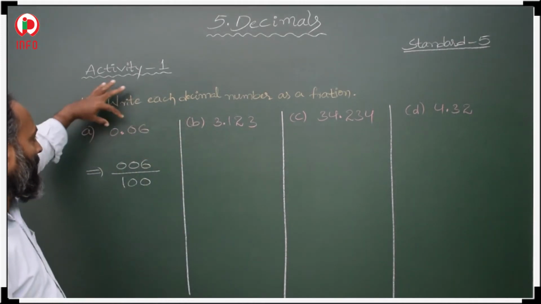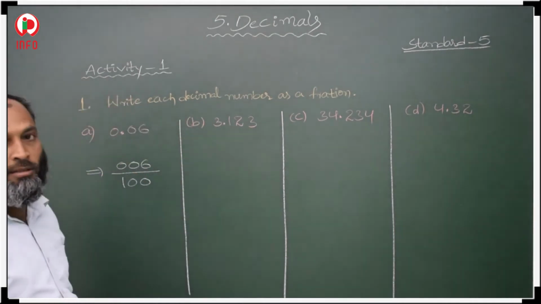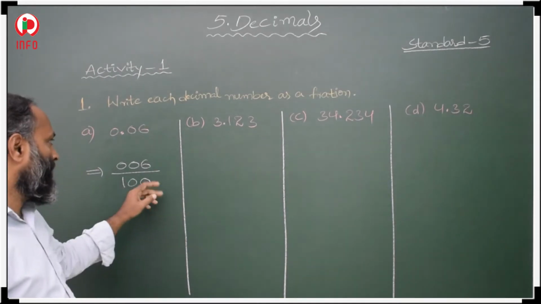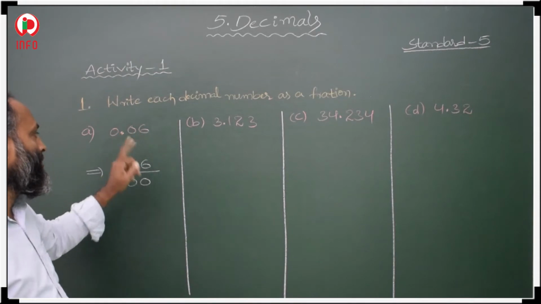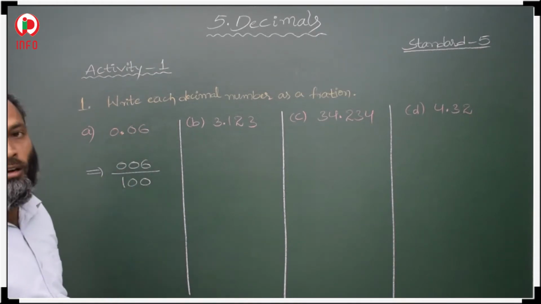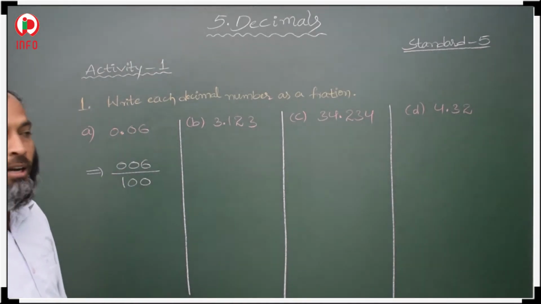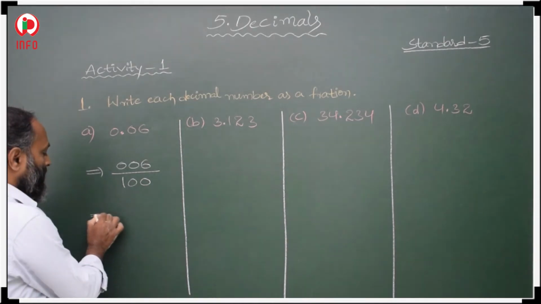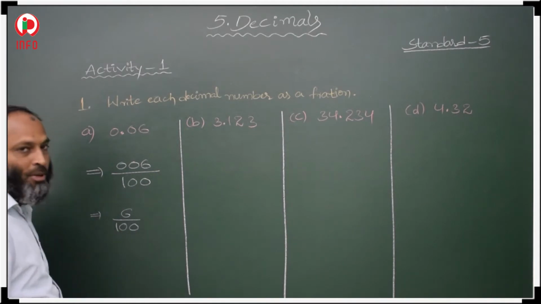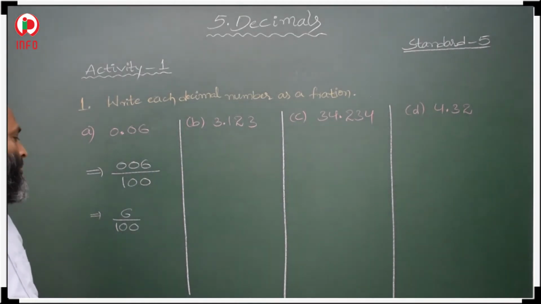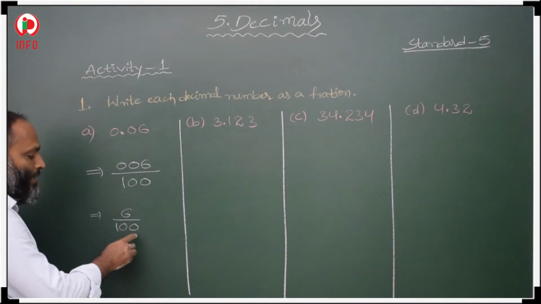So first we take the number without the decimal, 006, divided by. After how many places is the decimal? 1, 2. So we take 100. So 006 means 6 by 100. This is an even number and this is an even number.